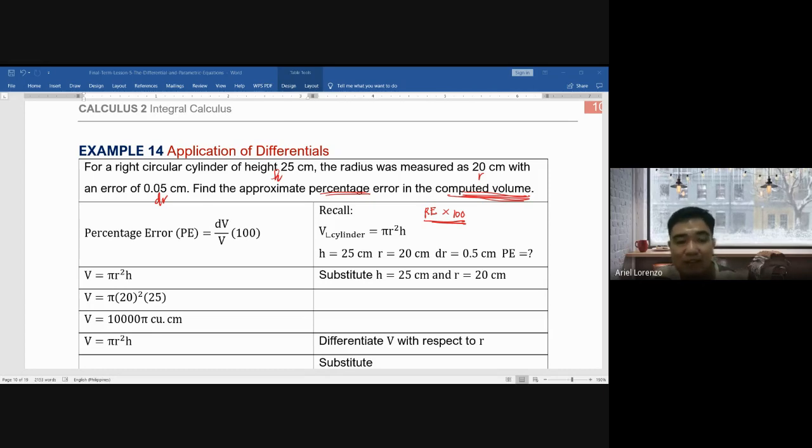So, pwede mo siyang i-formula base muna para makuha yung sagot. Or, kung gusto mong step by step naman, which is yun yung naka-upload sa LMS ninyo, okay lang din naman. So, kindly try that one. What is the approximate percentage error in the computed volume? Sige, 2 minutes.